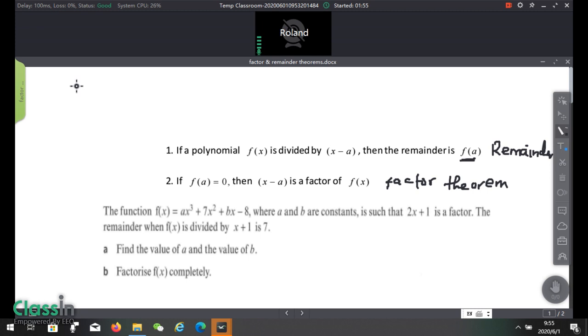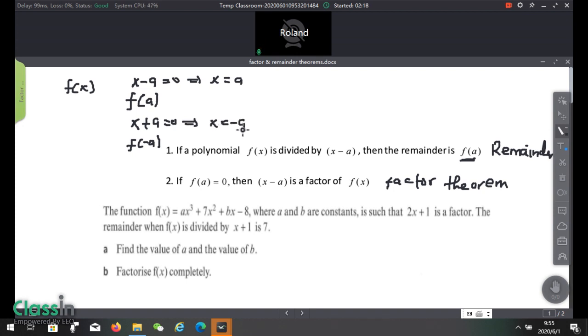So basically, if f of x is divided by x minus a, the remainder will be f of a. If it's divided by x plus a, the remainder will be f of negative a. That is, if we equate this to 0, it means x is a. If we equate it to 0, we have x equals negative a.